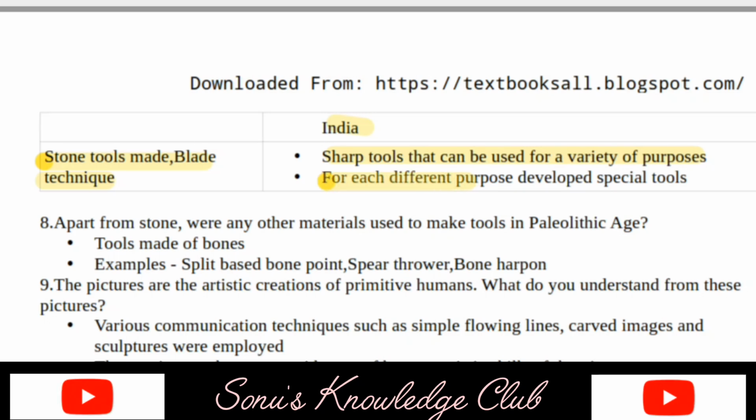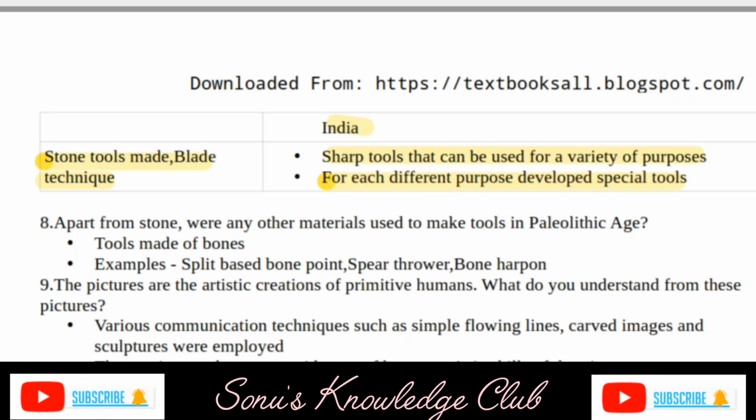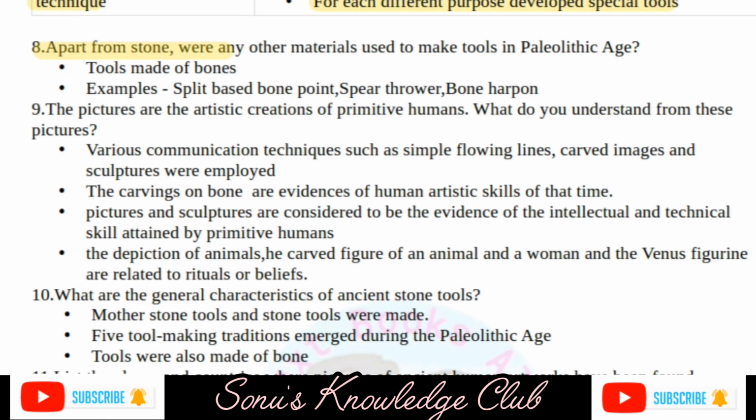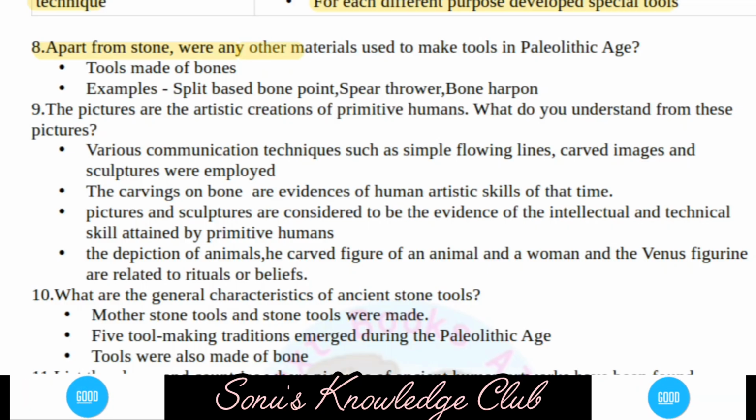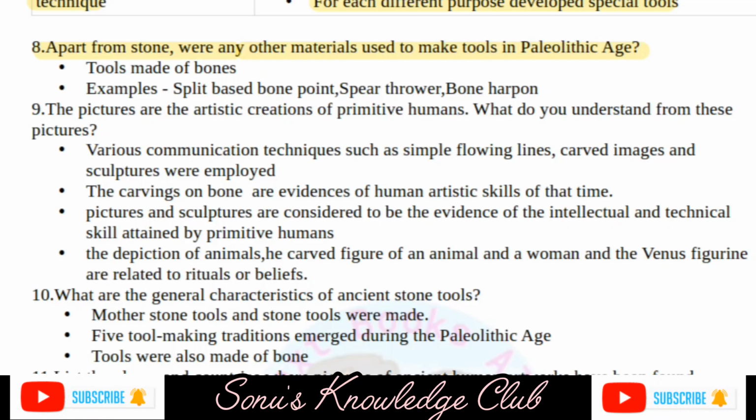For each different purpose, special tools were developed. Apart from stone, were any other materials used to make tools in the Paleolithic Age? Tools made of bones, for example, split-based bone point, spear thrower, bone harpoon.